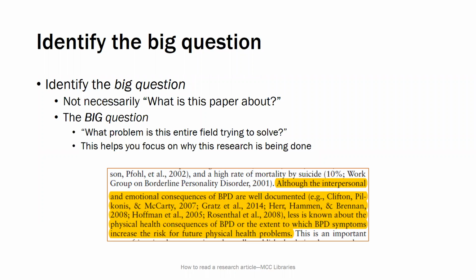It's not what the researchers themselves are trying to solve. So in terms of this article, they might want to say, how does borderline personality disorder affect physical health problems? Or even bigger than that would probably be, why do some people have borderline personality disorder? So that's a very large question.